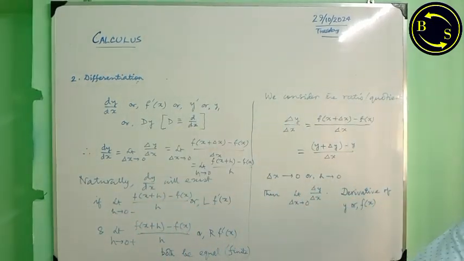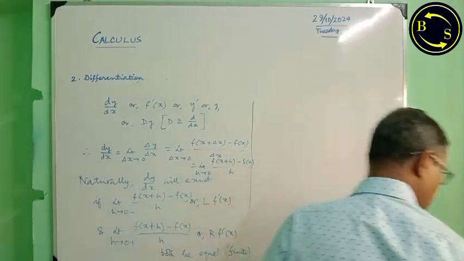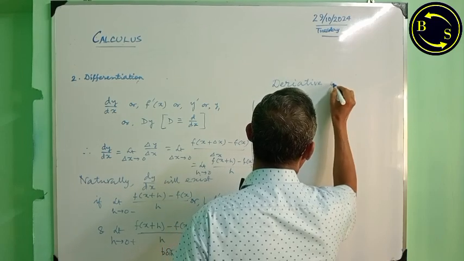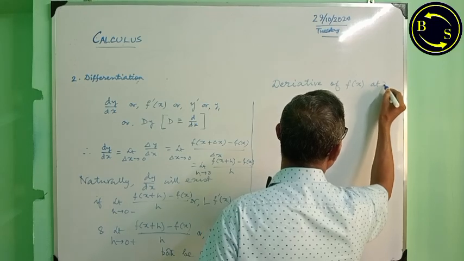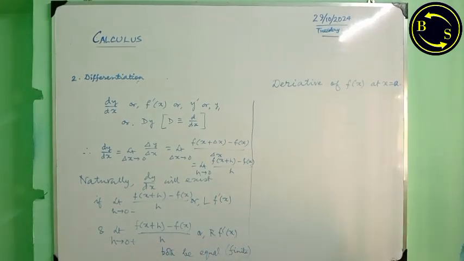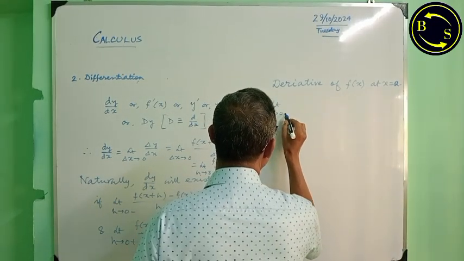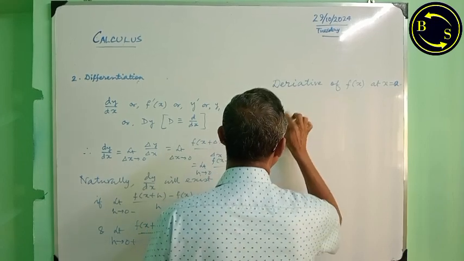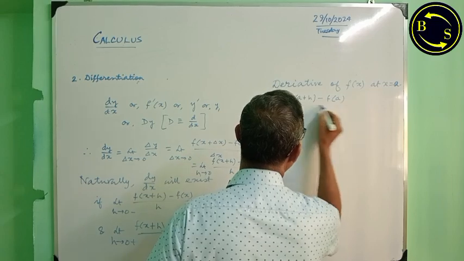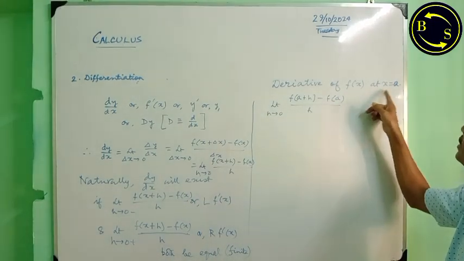Now, the derivative of a function at a certain point, derivative of f(x) at x equal to a, at a certain point, will be represented by limit h tends to 0 minus 0, f of a plus h minus f(a) by h is finite. The derivative of f(x) at x equal to a is this one.